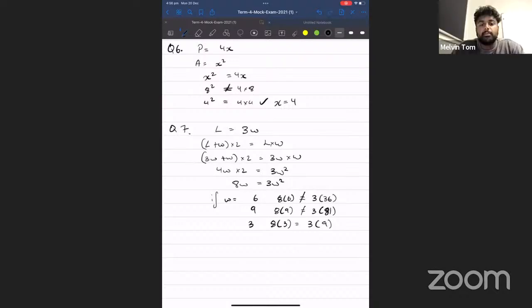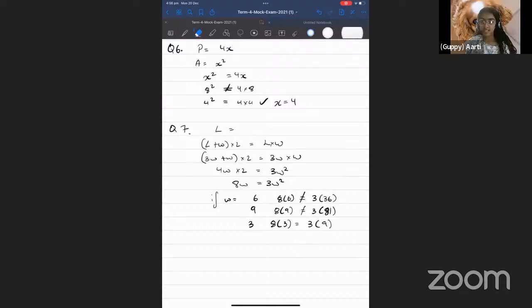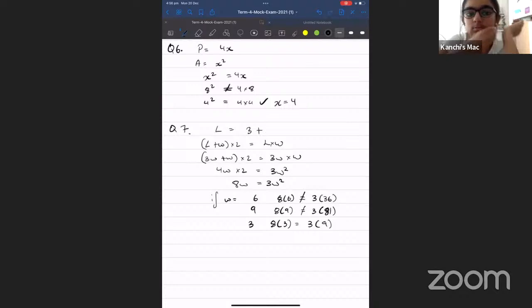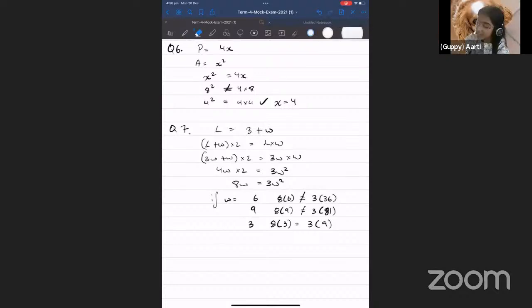The question says find the width of a rectangle that has a length 3 meters more than its width. 3 meters more, not 3 times more. So that's addition: 3 plus W. Now I have to redo everything.